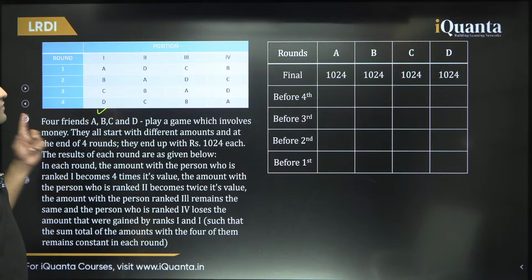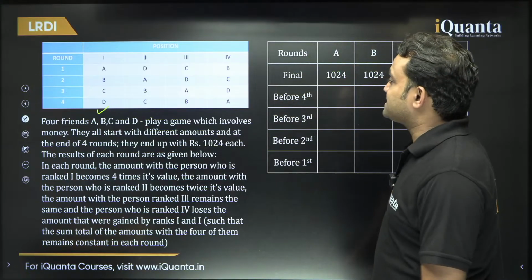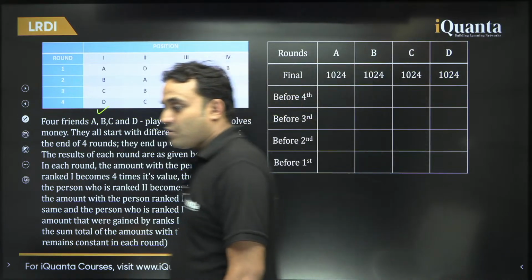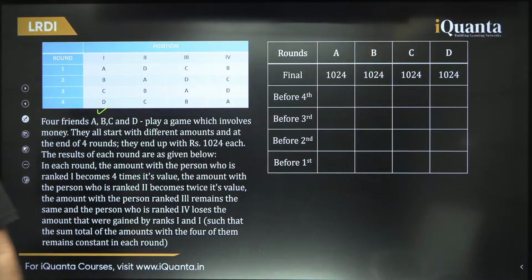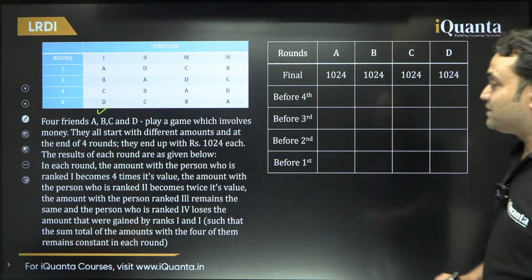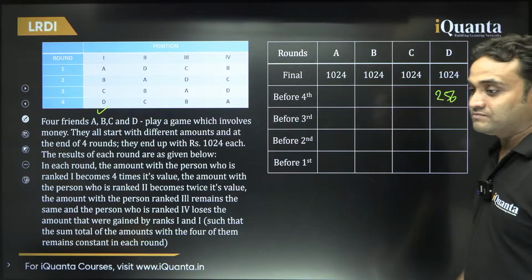Because the rank of D is 1, the rank of C is 2, the rank of B is 3, the rank of A is 4. What was the amount with D? Can I say the amount of D must have been 256, then only it became 4 times, right?